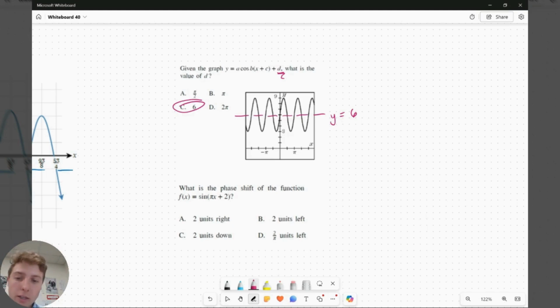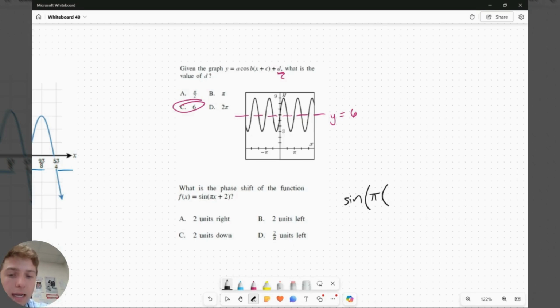The last one on here then says, what is the phase shift of the function? A lot of people mess this one up. A lot of people just want to say, okay, it goes 2 units to the left. But that is not correct. The reason this is not correct is whenever we talk about transformations, we always like it in our factored form. So I would have to factor whatever the coefficient on x is.